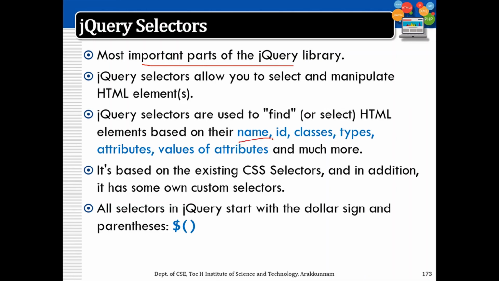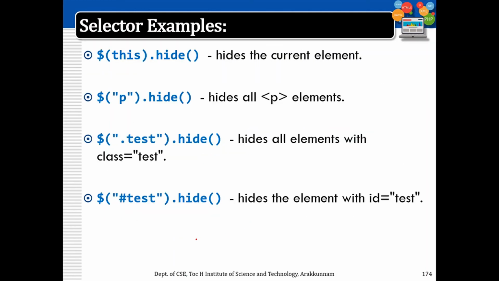Selectors can be based on name, ID, classes, types, attributes, values of attributes, etc. It is based on the existing CSS selectors, and in addition it has some custom selectors also. And the selector starts with a $ sign, which we have seen in the previous slide. Within brackets we can specify the details.